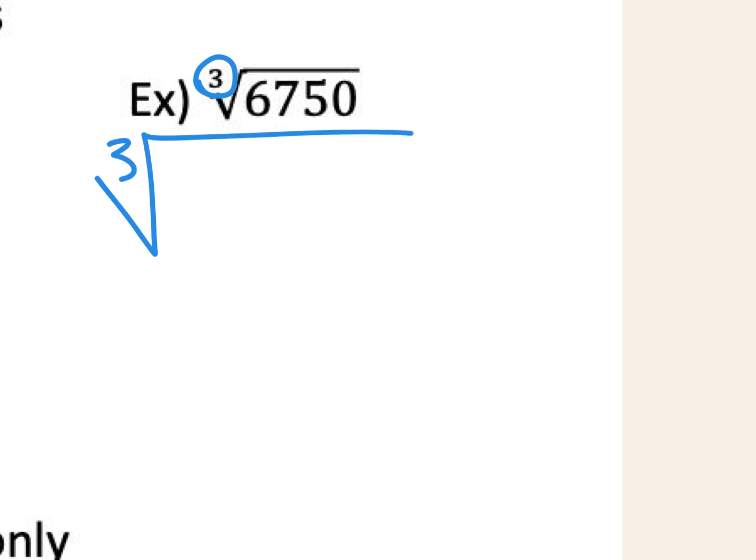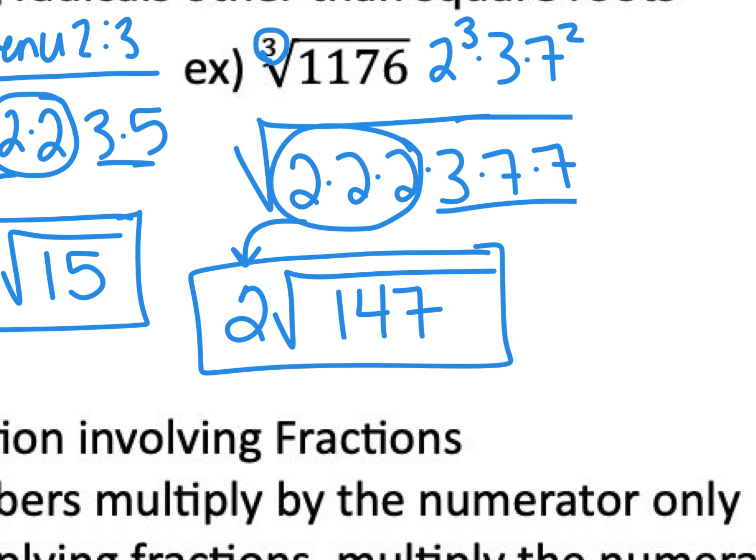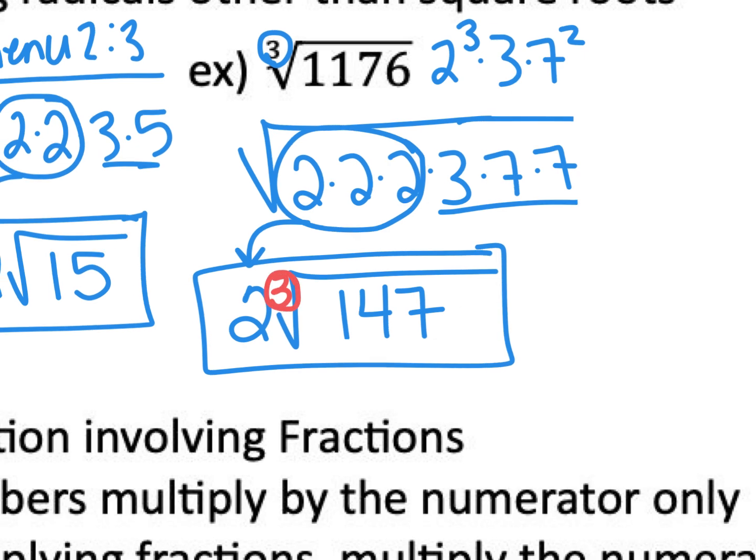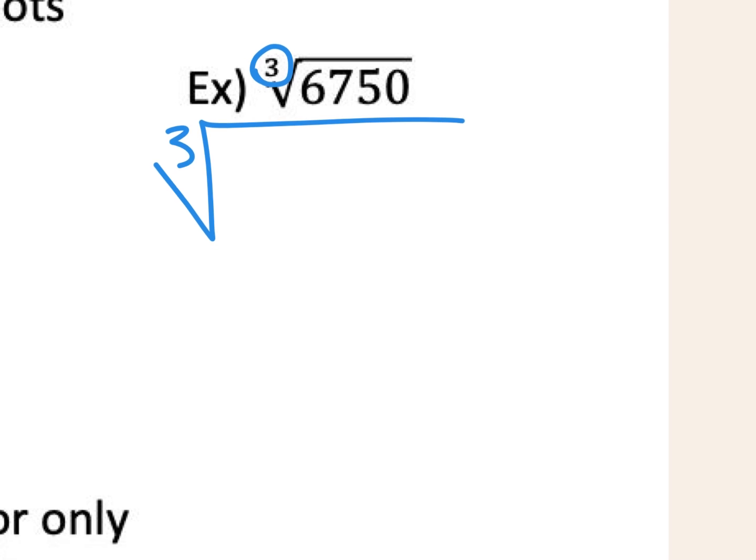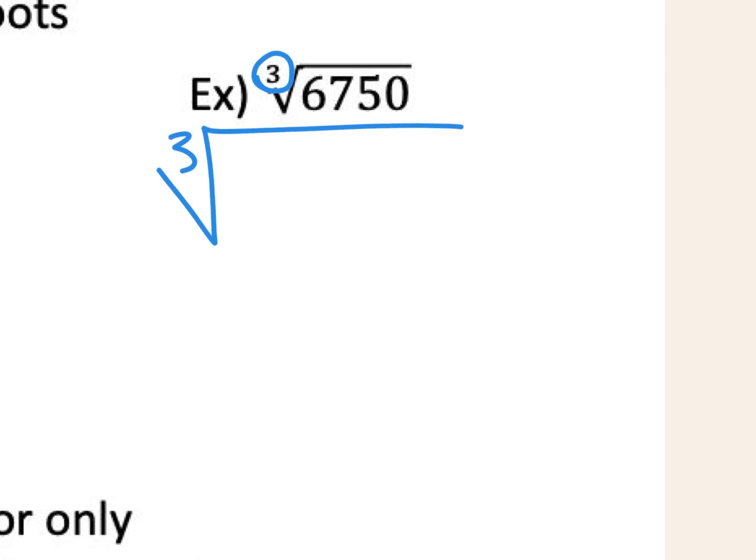Oh, you know what I didn't do on the last one? When we rewrote this, I forgot to put my little 3 here because it is a cubed root, not a square root. So we got to make sure we keep that root index there. Sorry about that. So this one, you can see I wrote my little 3. Menu 2, 3 for 6750 comes out to be 2 times 3 to the 3rd times 5 to the 3rd.